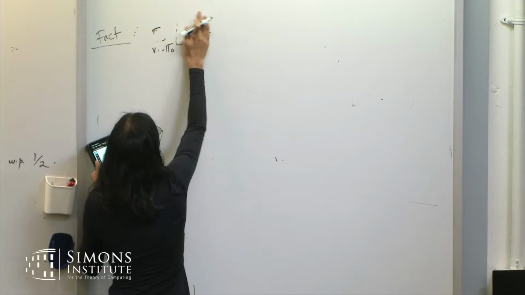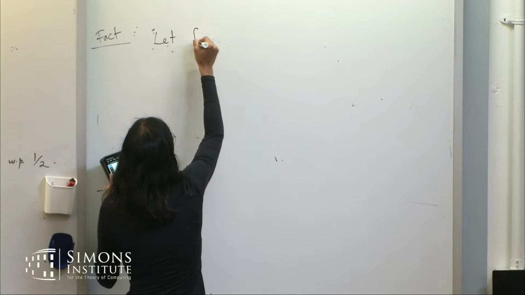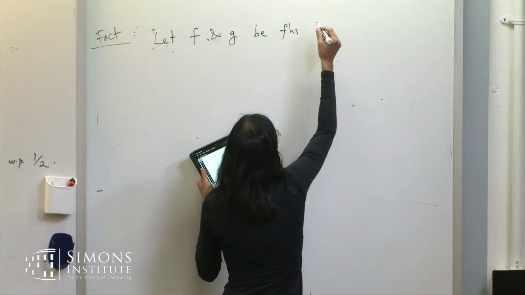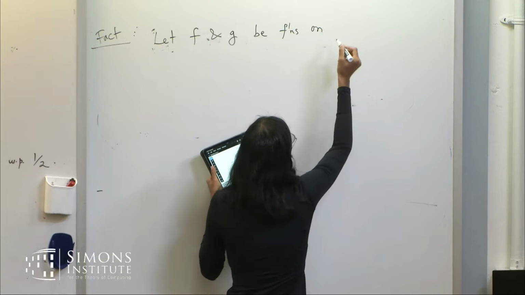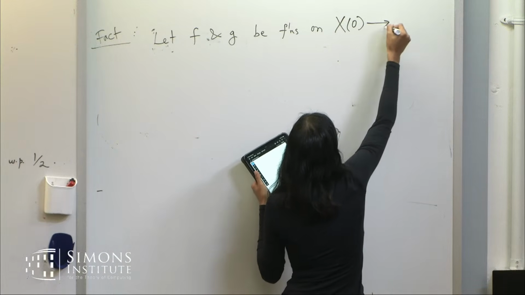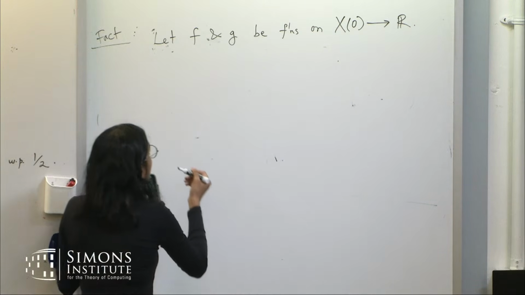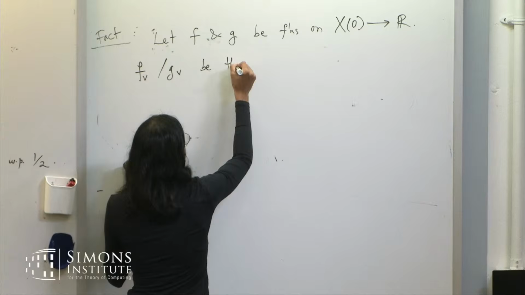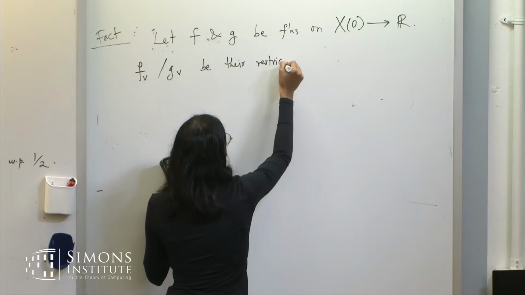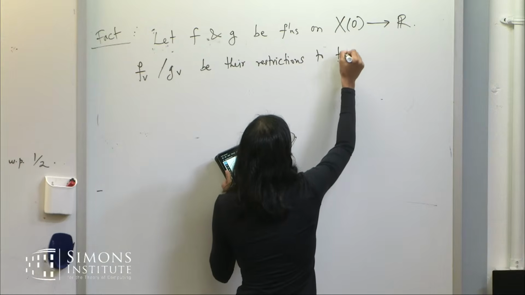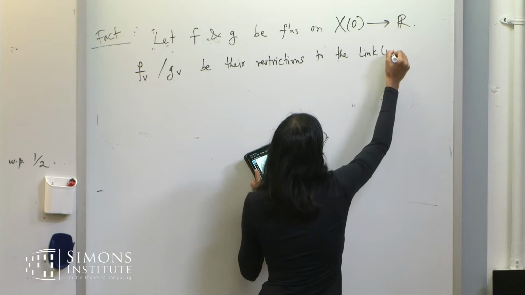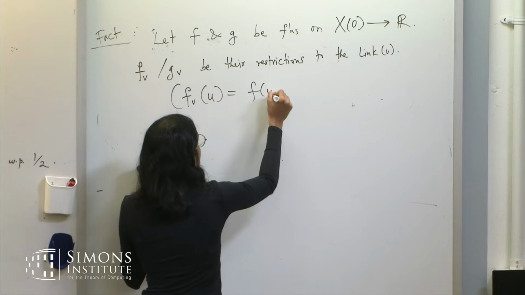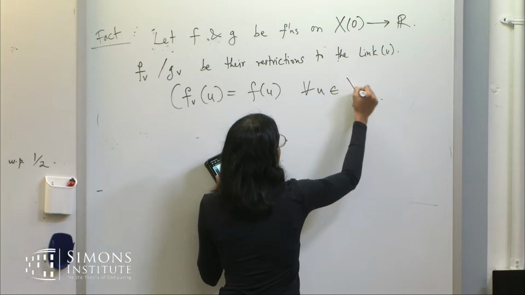Let F and G be functions from X0 to the reals, and let Fv and Gv be their restrictions to the link of V. What this means is that Fv of u is just equal to f of u for all u in the link of V.